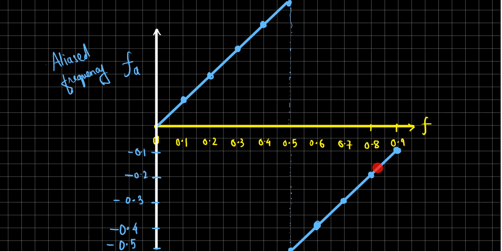What does this mean? The small f here has a limited set of frequencies, after which the higher frequencies are getting mapped to the lower frequencies. Now we can clearly see the range of small f to be from minus 0.5 to 0.5.